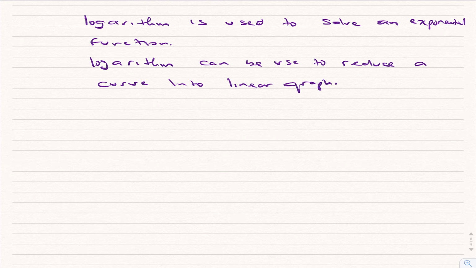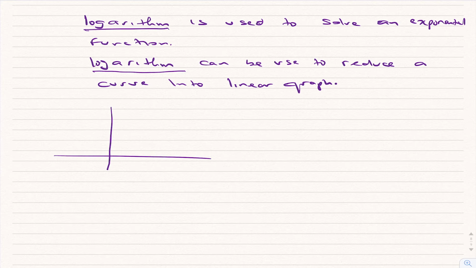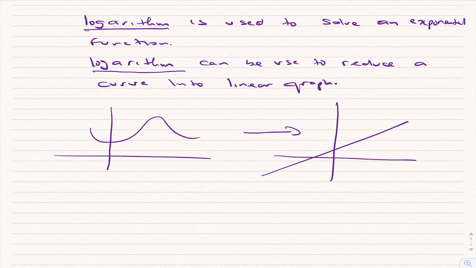So linear is straight line. So that's what you can use a logarithm for. A logarithm can be used to solve exponential functions, and it can also be used to reduce a curve. That means if you have a curve like that, you can turn that curve into what we call a straight line graph, using log. So that's what you can use log for, really.